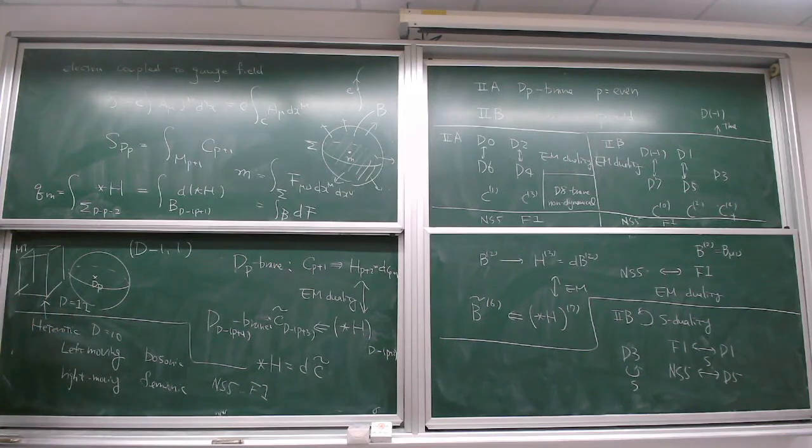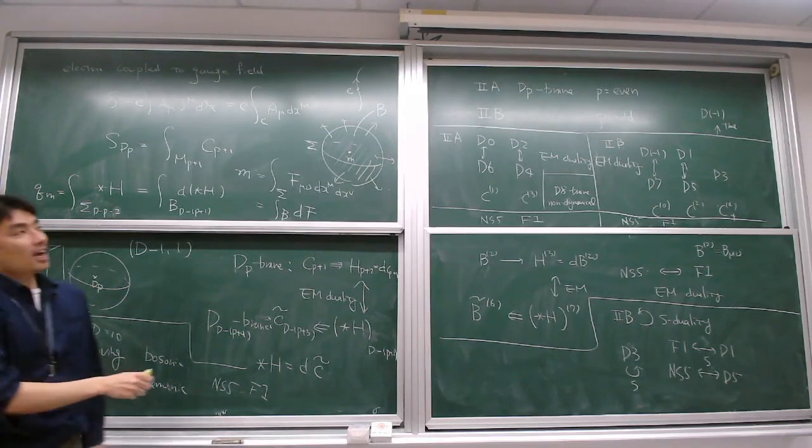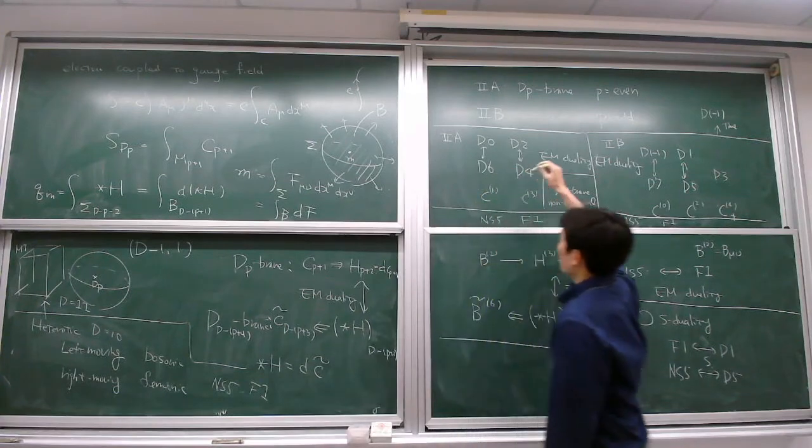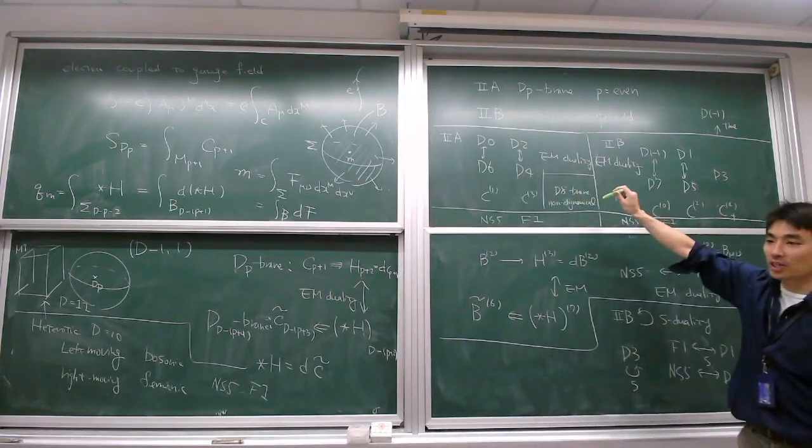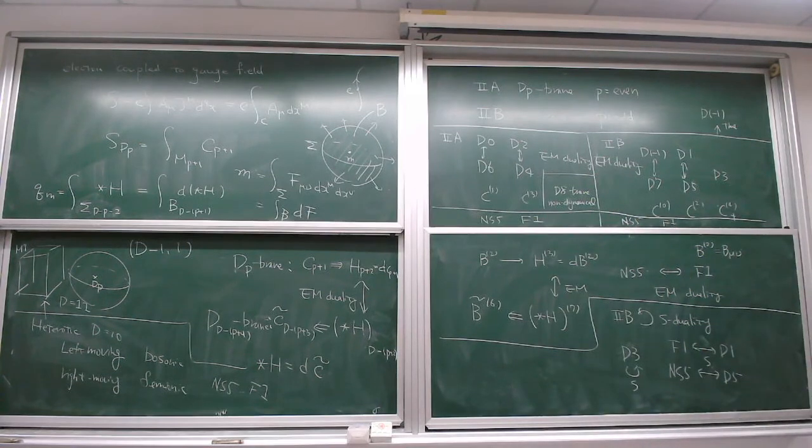In the type 2A description, this M9 brane becomes the non-dynamical D8 brane, with everything related to duality. You can also incorporate so-called orientifolds.